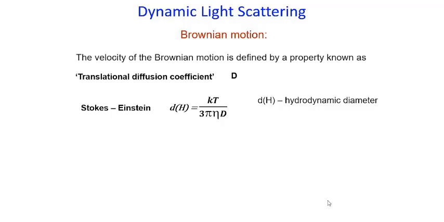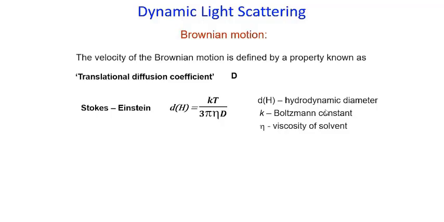So here the particle size is defined by this hydrodynamic diameter, and I'll come to that in a moment. k, as you know, is the Boltzmann constant, and eta is the viscosity of the solvent.